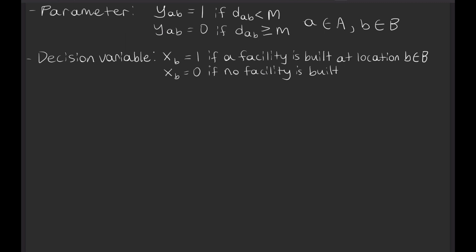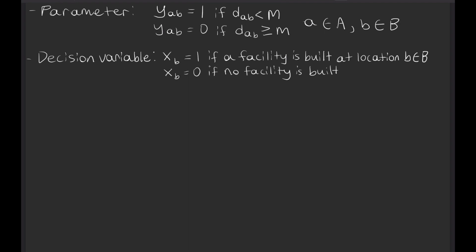If we set it to 0, it'll eliminate this link between the location and the demand from the formulation, and it won't be factored in when it gets summed up. And of course, this is for A as an element of set A and B as an element of set B.